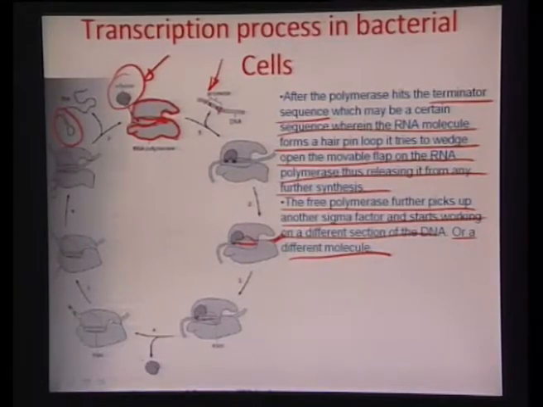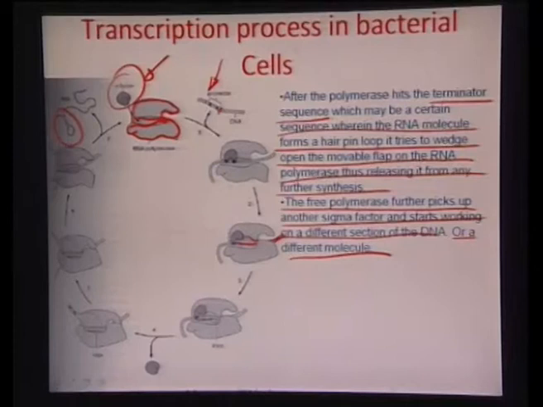loses its grip on the DNA, and then it is a process downhill where the unzipping action and the movement of RNA polymerase automatically occurs until it hits upon something which can give a kind of jerk to the RNA polymerase and ask it to decouple.